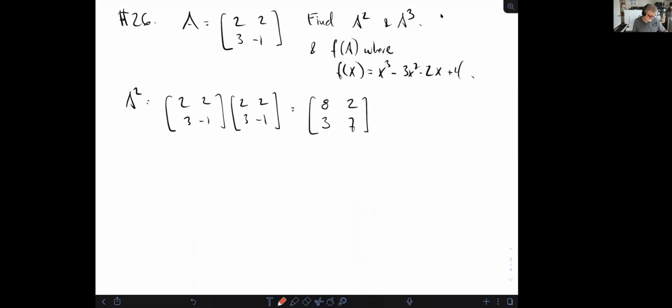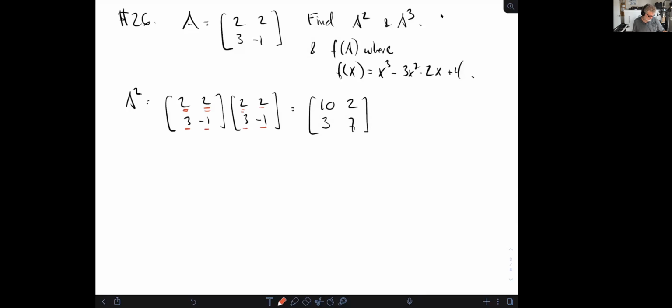Okay, so this row times this column, this is 4 plus, okay, so then I messed it up. My brain is not working well this afternoon. Bad brain. So this is 4 and 6 is 10. Let's do this row times this column. So that's 4 minus 2, that's 2. That looks okay.